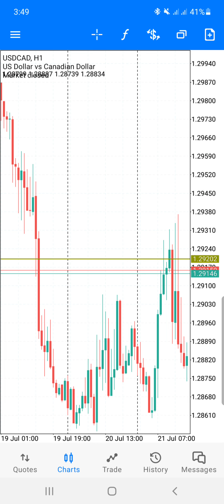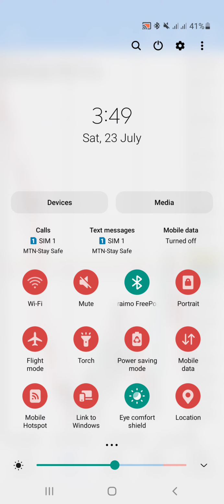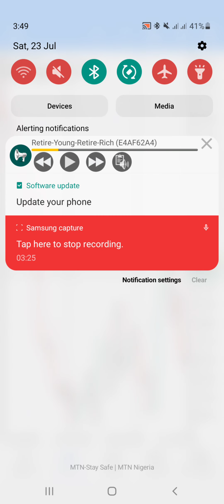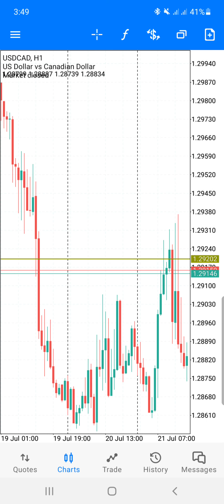So now let's try and draw some support and resistance so that we can see practical examples of rejection patterns. So let me invert my phone from portrait mode. Yeah.